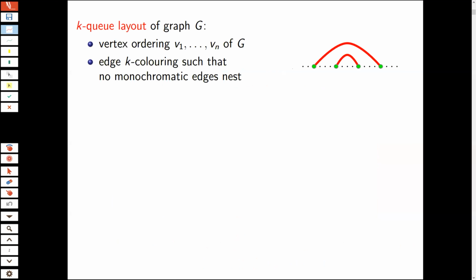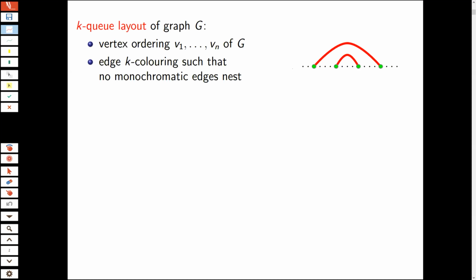It consists of a vertex ordering, V1 to Vn of the graph, along with a K coloring of the edges. Now, this is not a proper coloring of the edges. The rule is that no two monochromatic edges nest with respect to the vertex ordering.